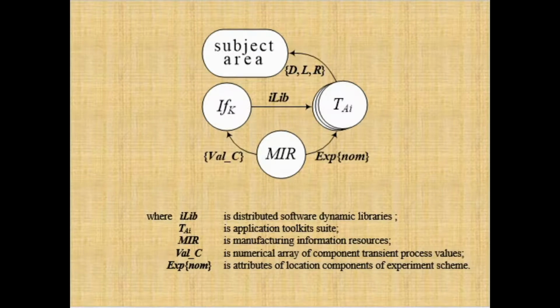An important means in supporting scientific research and activation of students' cognitive activities through teamwork conducted in the designed environment of experimental research is the possibility to get real manufacturing telemetry readings. The descriptor of a numeric array of transient process values of a component, as attributes of the location component scheme of the experiment, allows connecting to one of the specialized distributed dynamic libraries of some relevant channel of data exchange with manufacturing information resources to promptly broadcast relevant pieces from the profile industry.